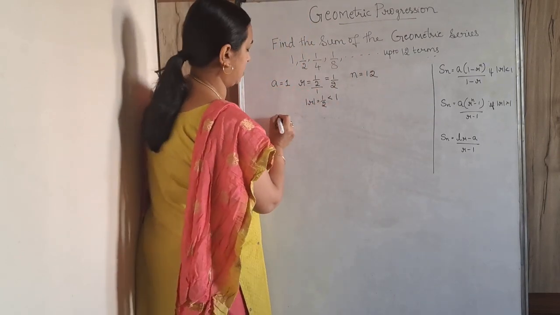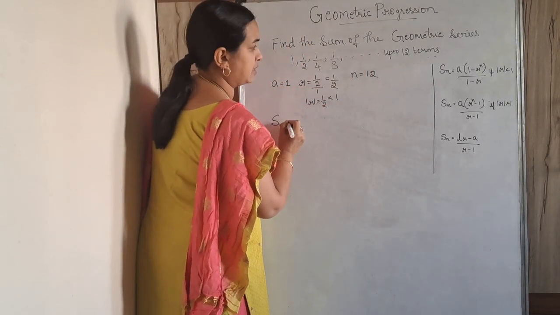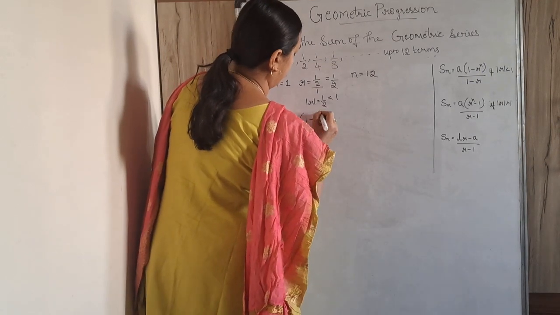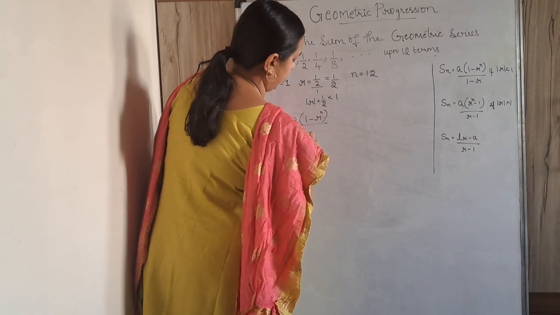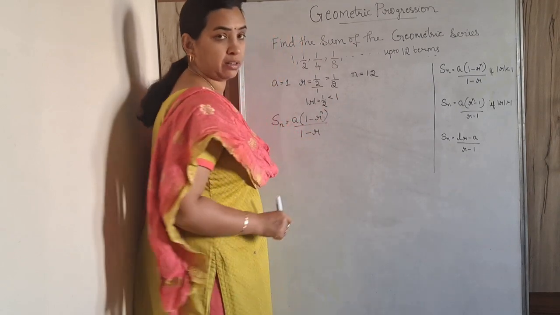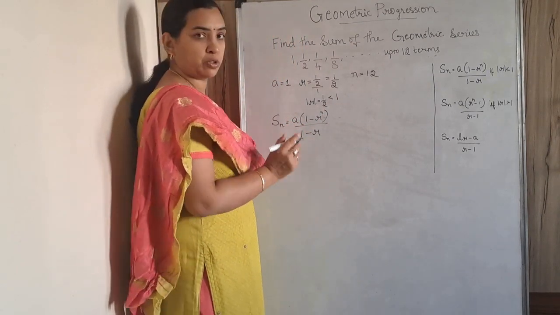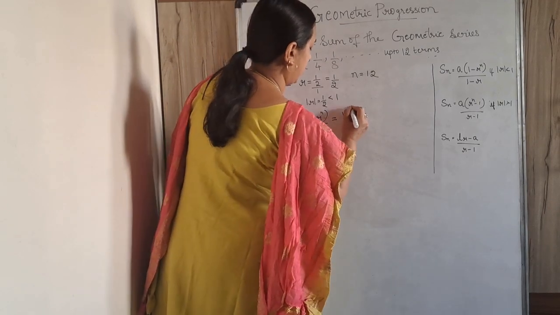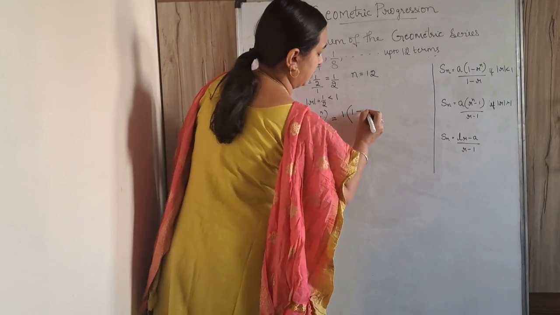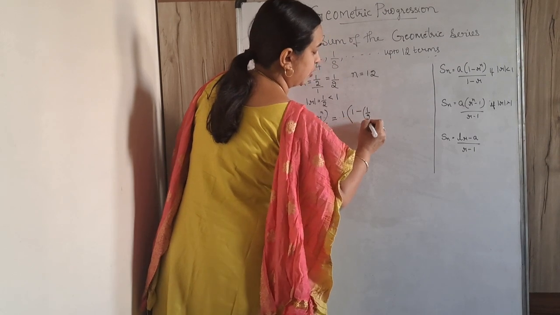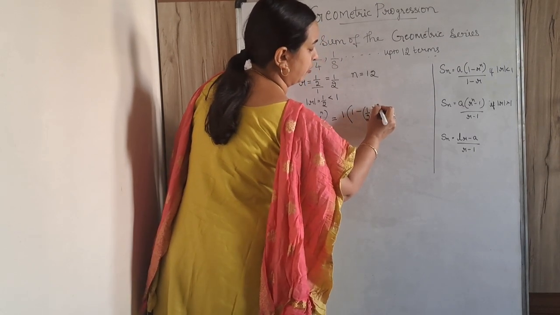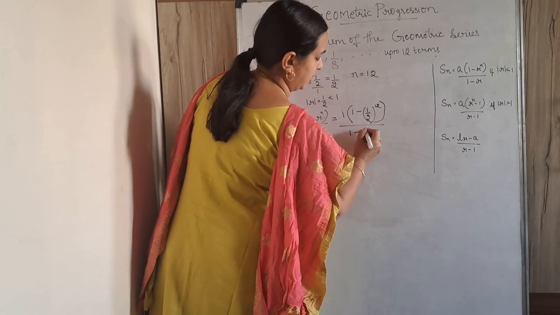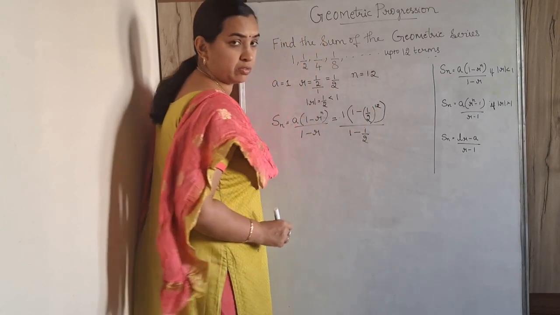So let's write down the formula. Sn is equal to a into (1 minus r to the power of n) by (1 minus r). Substitute the values, which is equal to 1 into (1 minus half to the power of 12) divided by (1 minus half).